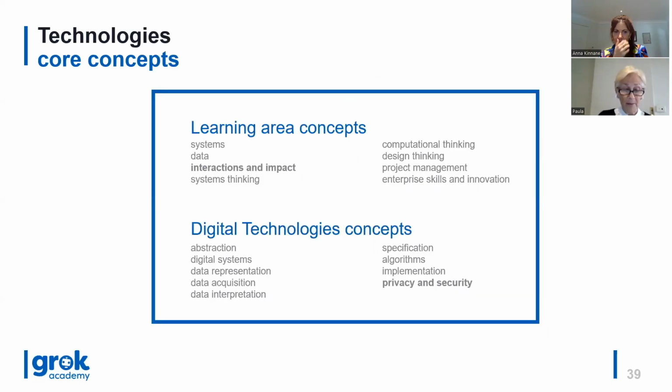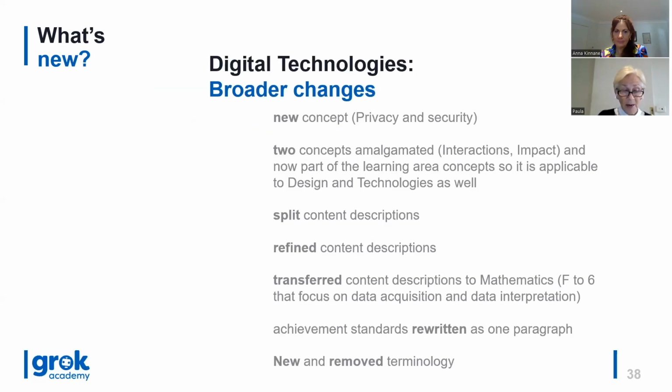Anna spoke about maths, and the math situation is an interesting one because collectively, the content related to data acquisition and data interpretation is still studied, but it only has one address.